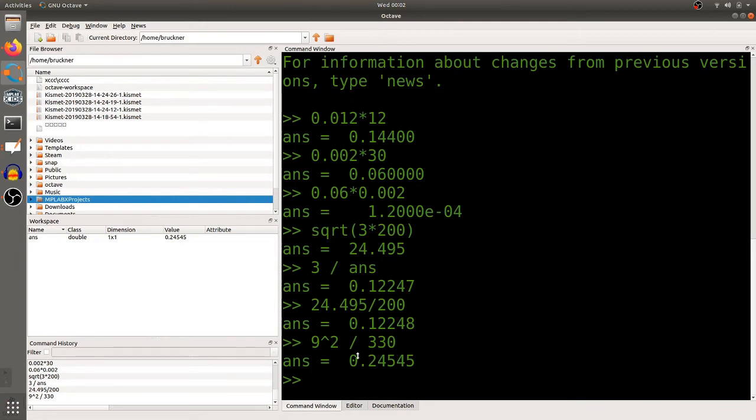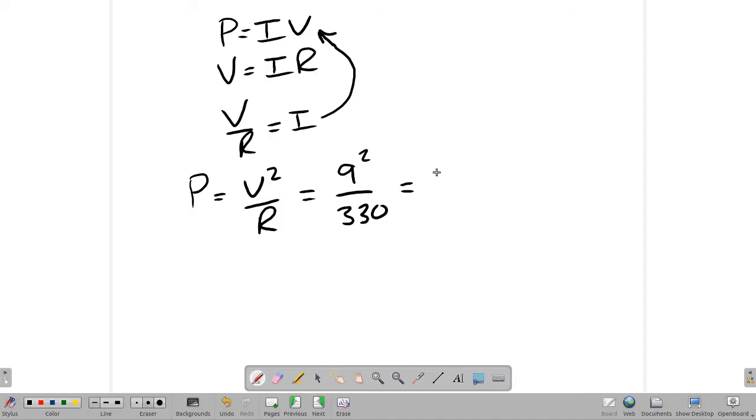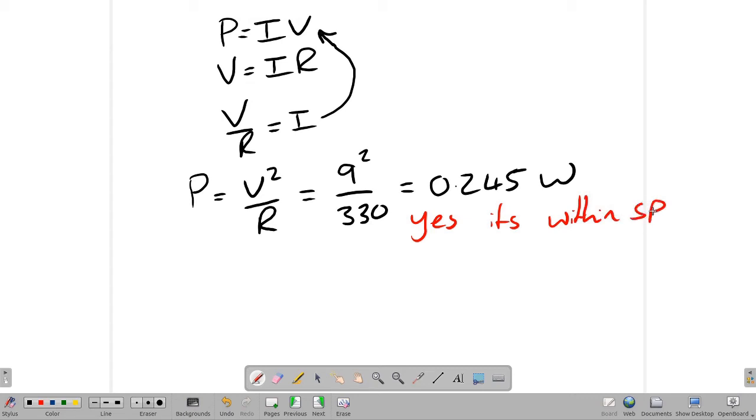And this gives us 0.245 watts. So yes, it's within spec. Just.